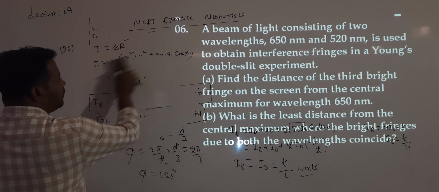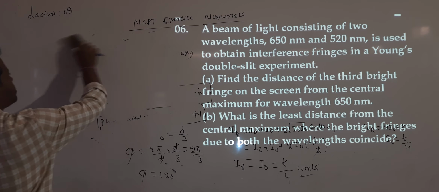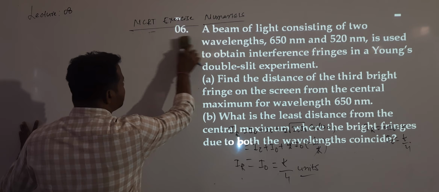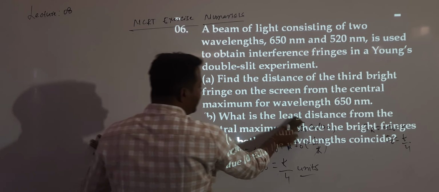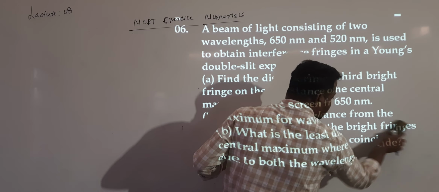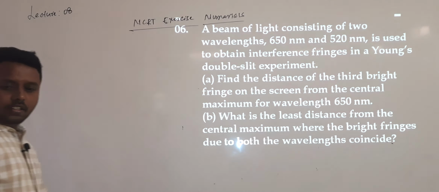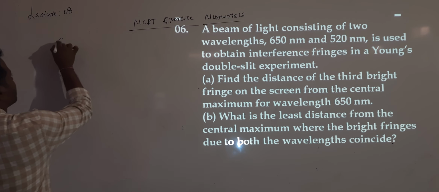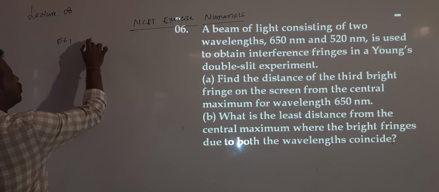So the fourth question is completed. Sixth question, a very important model. What is this question? A beam of light consists of two wavelengths, 650 nanometers and 520 nanometers, and is used to obtain interference fringes in Young's double slit experiment. So in this beam of light, two wavelengths are there.